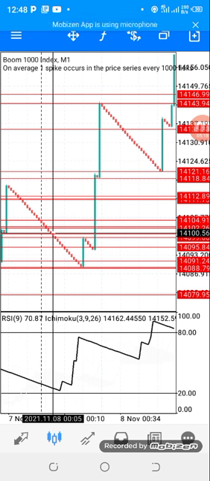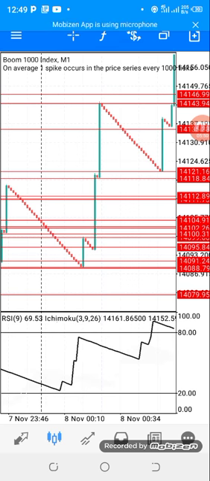But if you are trading bullish, if you are trading Boom 500 or Boom 1000, you are drawing your support line below the opening of the bullish spike candle. I think you understand that. That is the basic thing you need to understand. Once you're able to identify that, then you draw all your lines.